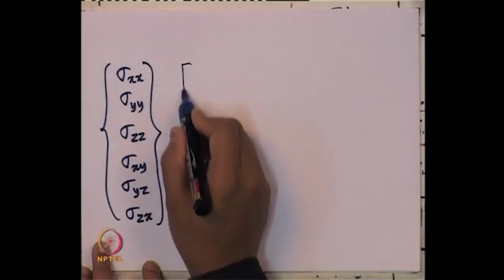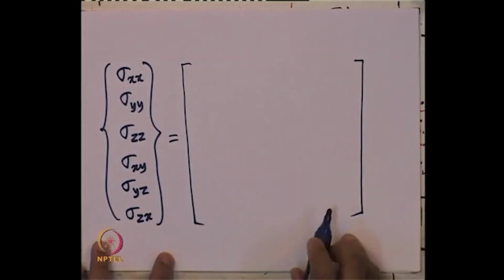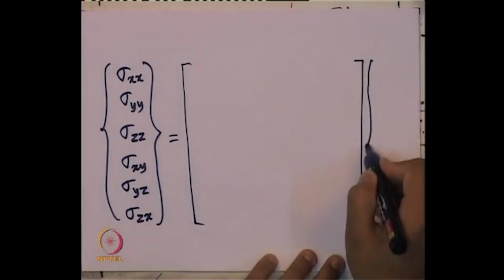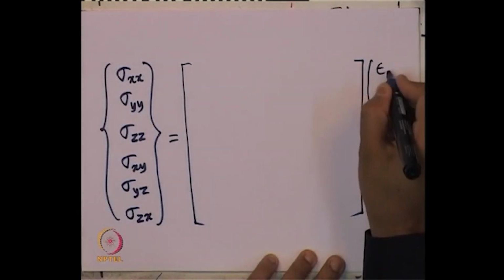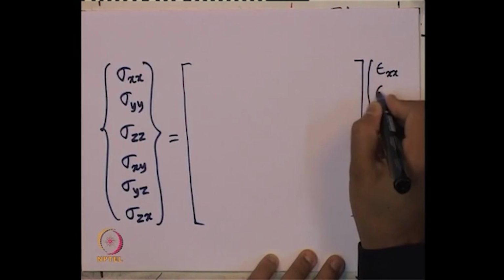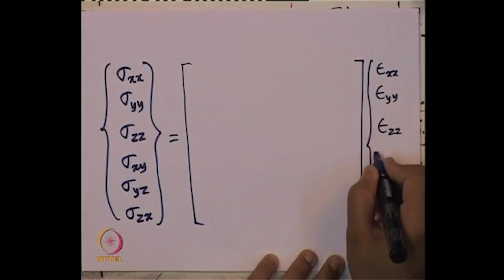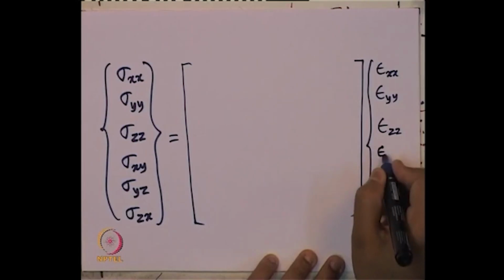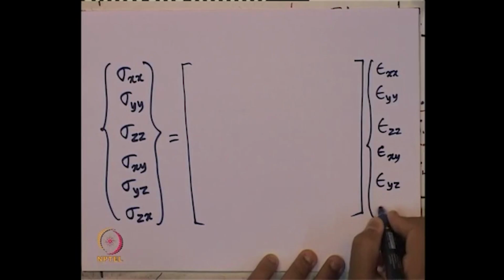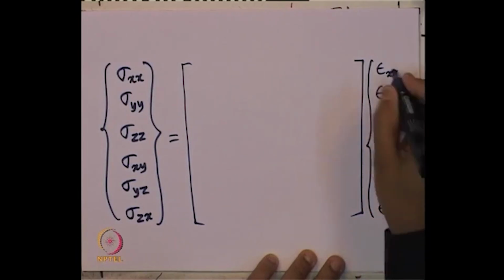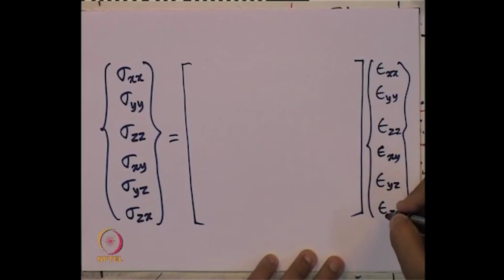They are related through some modulus, which is nothing but a modulus matrix, through the strain. What are those strains? Epsilon x x, epsilon y y, epsilon z z, epsilon x y, epsilon y z, epsilon z x. So, the first 3 are normal strains and these 3 are shear strains.